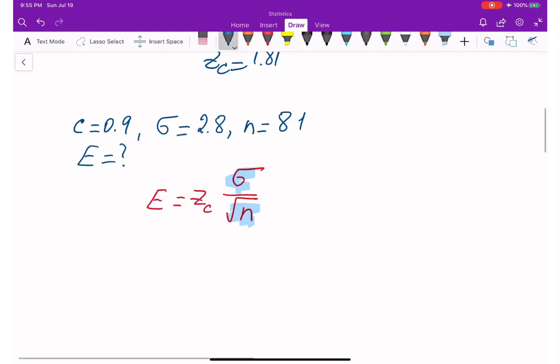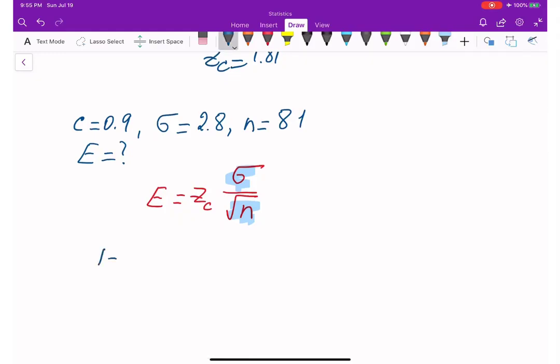To find Z critical, we do 1 minus 0.9, which is 0.1. Dividing by 2, it's going to be 0.05.